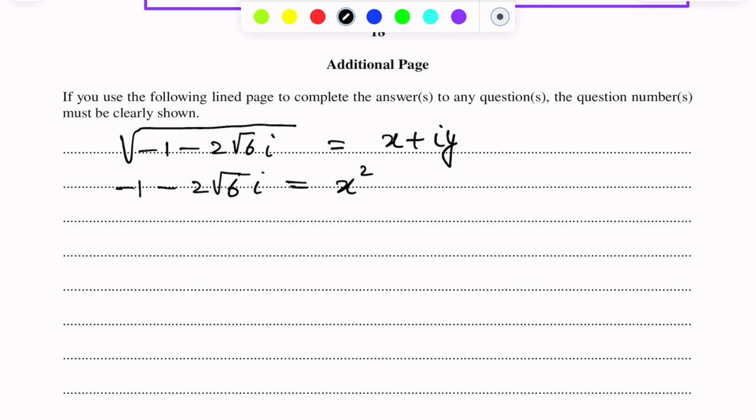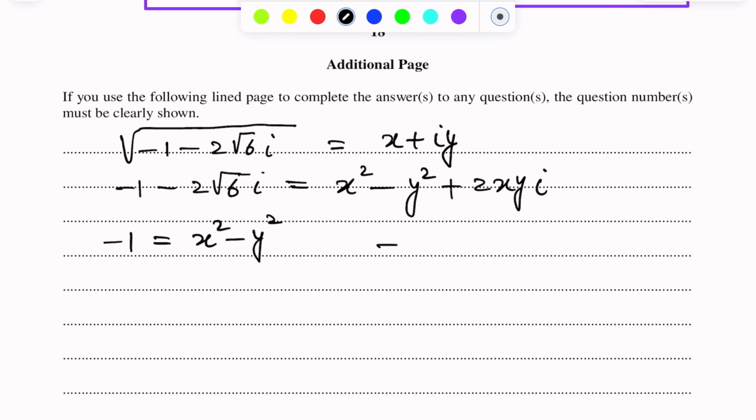This becomes x square plus iota y whole square, that again will become minus y square because iota square is equal to negative 1. So x square minus y square plus 2xy iota.